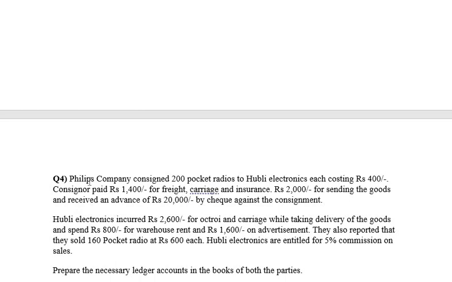Now what does this say? That is, Philips company has paid 1400 for freight and carriage, and rupees 2000 for insurance, for sending the goods. They also received an advance of 20,000 by check against the consignment.